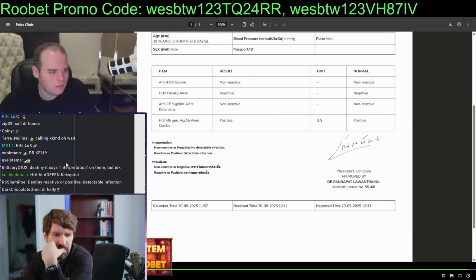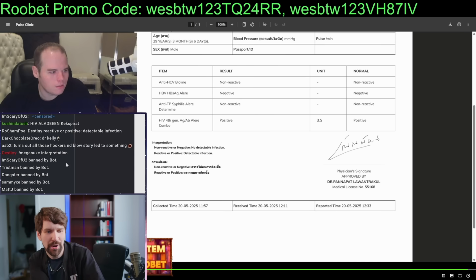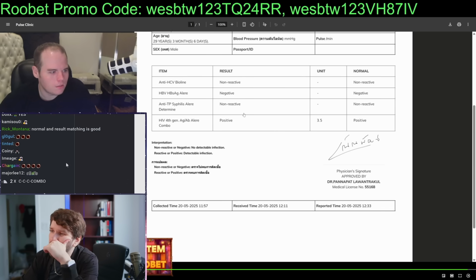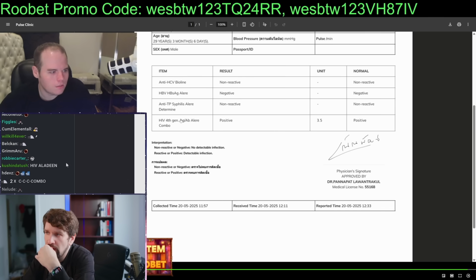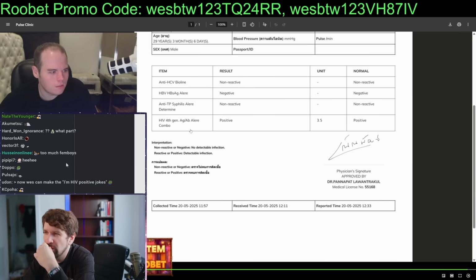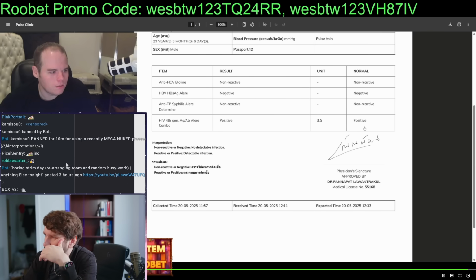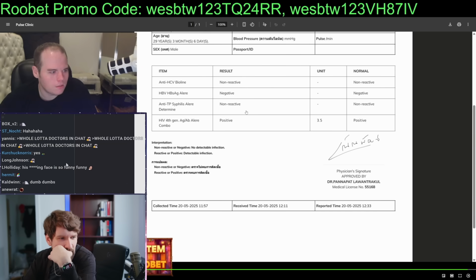But if your body is producing... I don't know why people keep typing, read the interpretation part, it's not helping. Please stop. If you're producing an antibody to something, usually that means that you have an infection. That's my understanding of it. But I don't know why under normal it would say positive. I don't know what that means, I don't understand that.